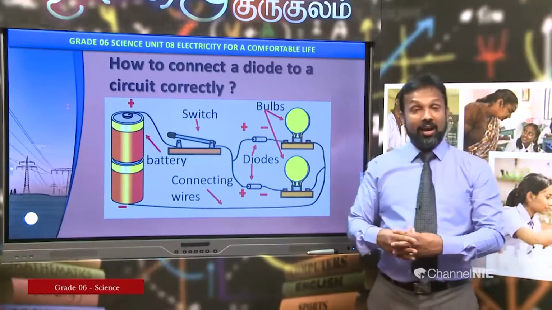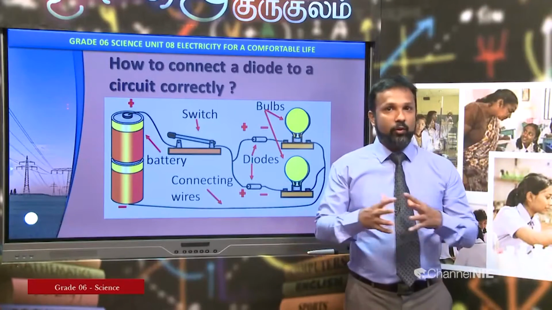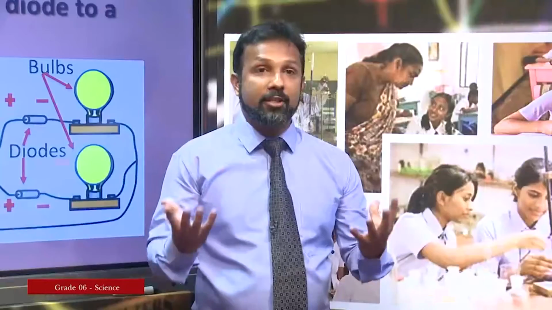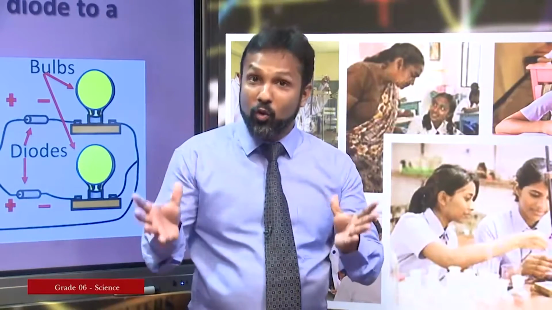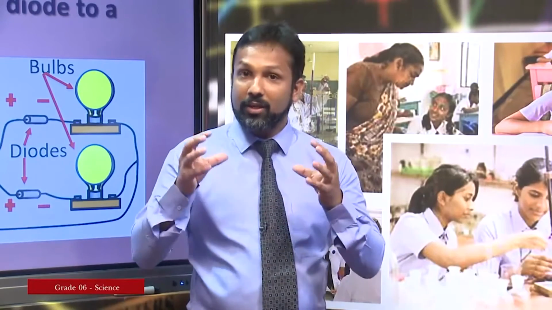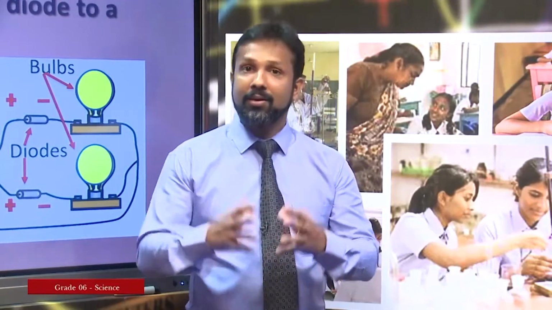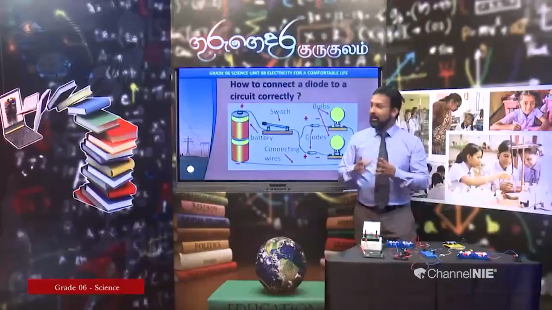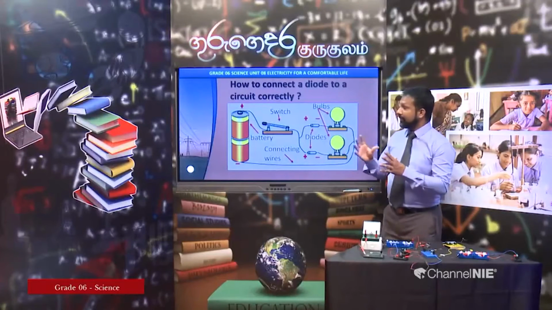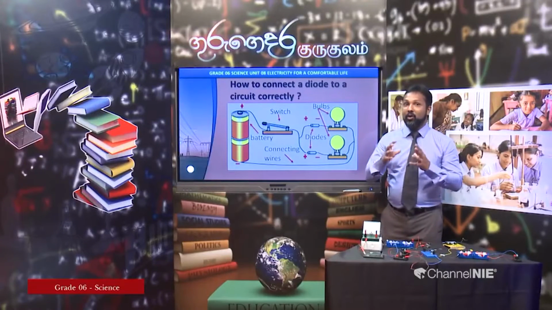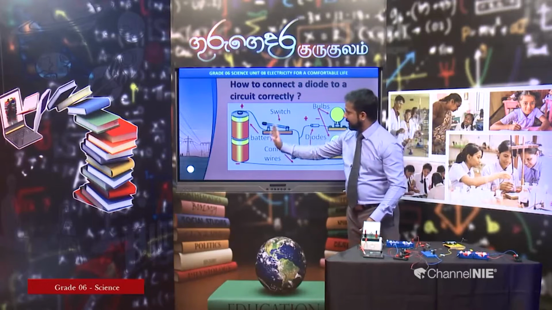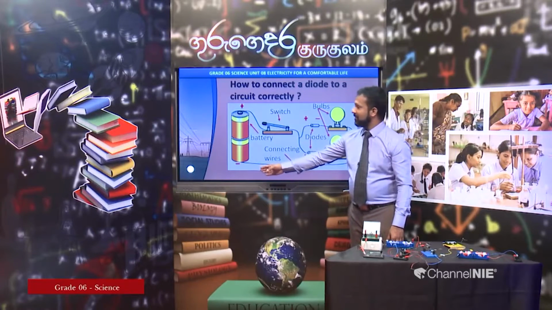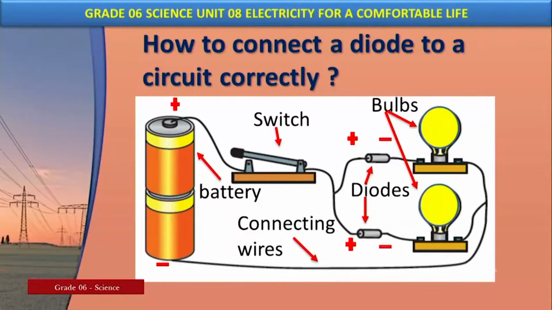Shall we do another activity to find out the function of a diode and how we connect the diode to a circuit in the proper way? As you can see, in this activity, I am going to use a battery, a switch, connecting wires, two bulbs and a diode.